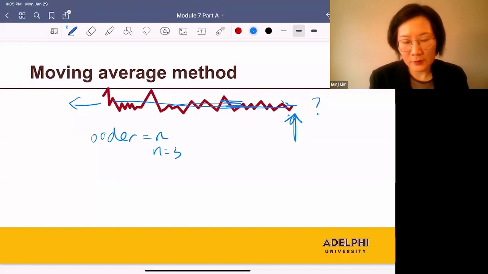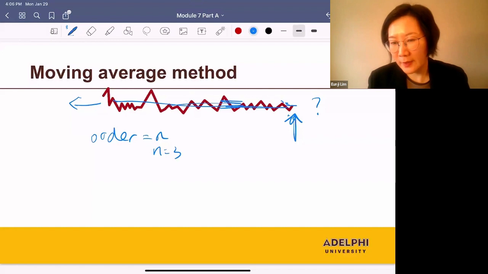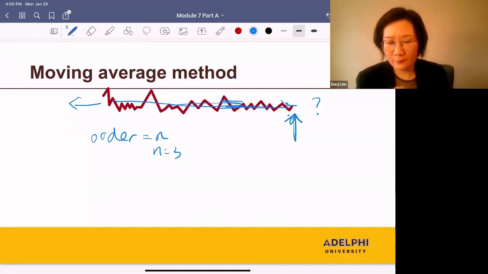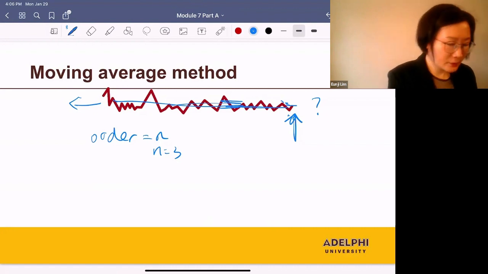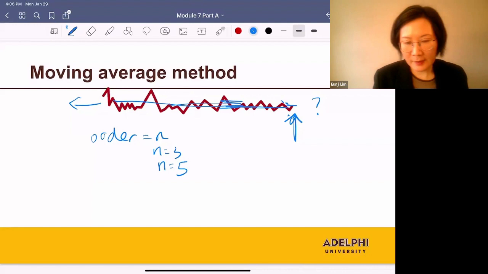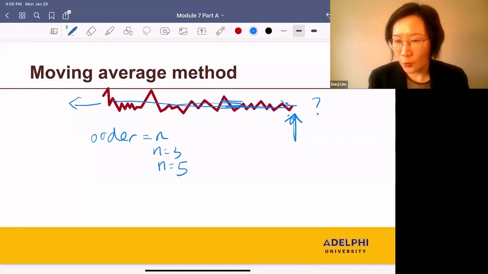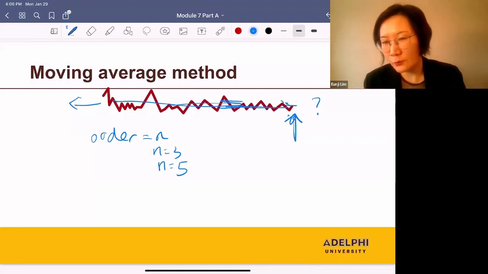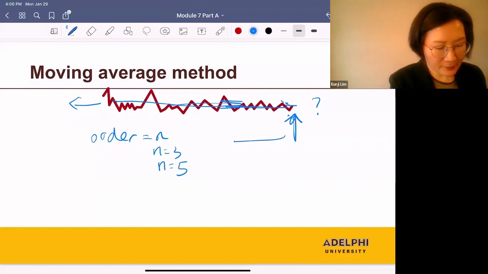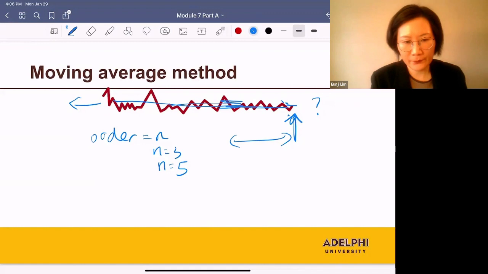So in other words, we collect the sales data point from today, yesterday, and the day before yesterday, and average them. And that's our forecast for tomorrow. Let's take another example. Let's say n equals 5. Then we start from today, go backwards in time until we collect 5 data points and average them. And that's our forecast for tomorrow.